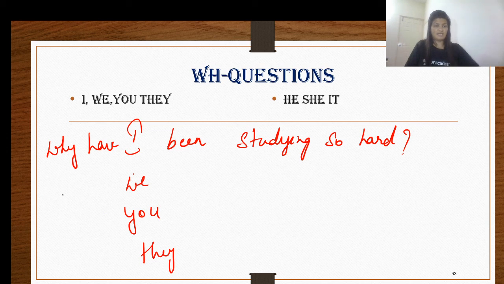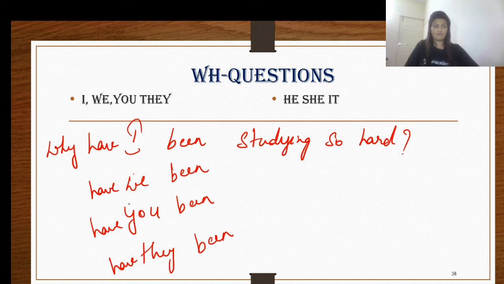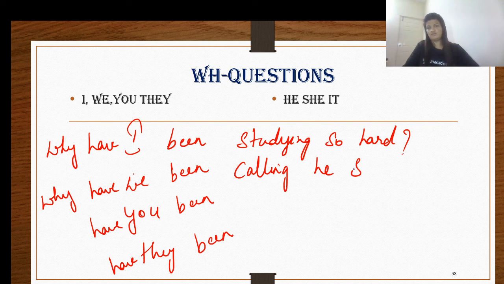Let us say here we will bring in have, and then been. Why have we been calling her so much? Looks like we annoyed her.